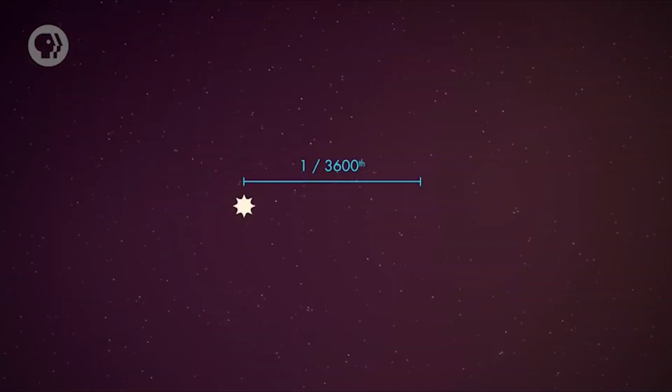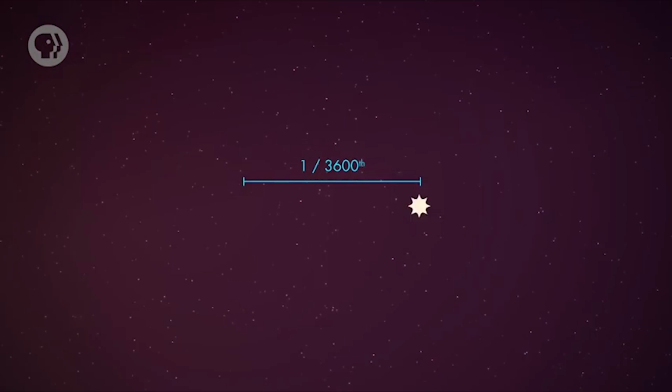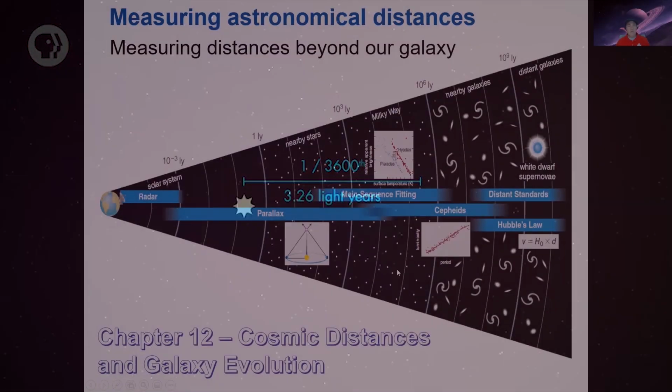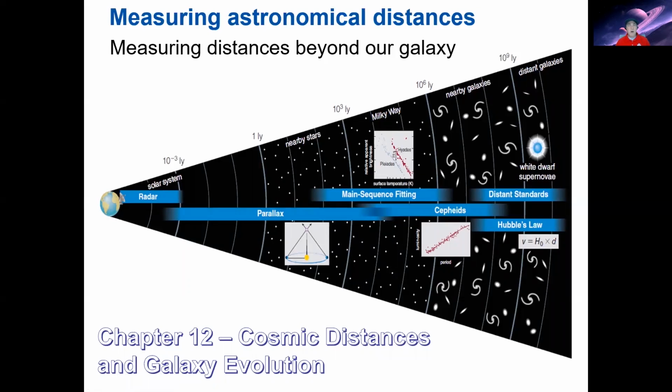A star 1 parsec away would have a parallax shift of 1 arcsecond. That distance turns out to be about 3.26 light years away. To measure distances beyond our galaxy, astronomers use a variety of other measurements. We will learn more about these measurements in Chapter 12.